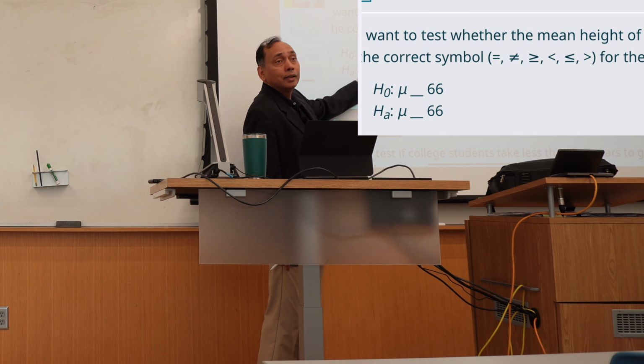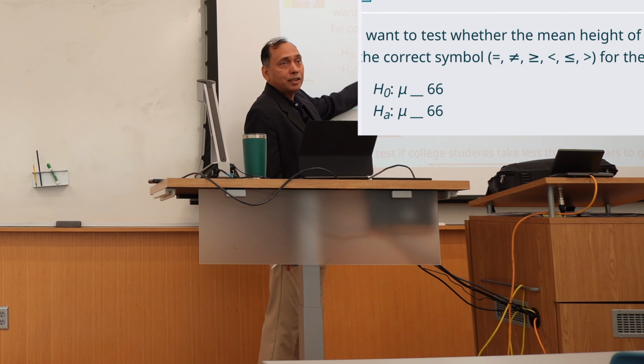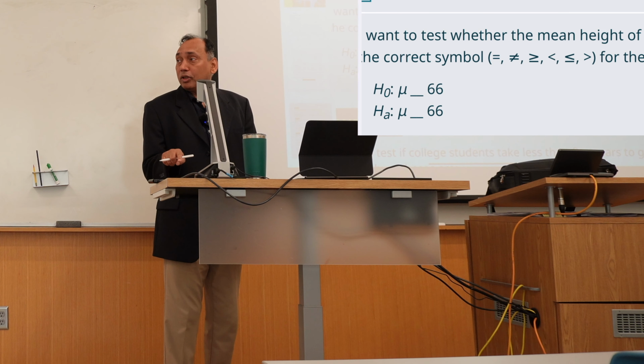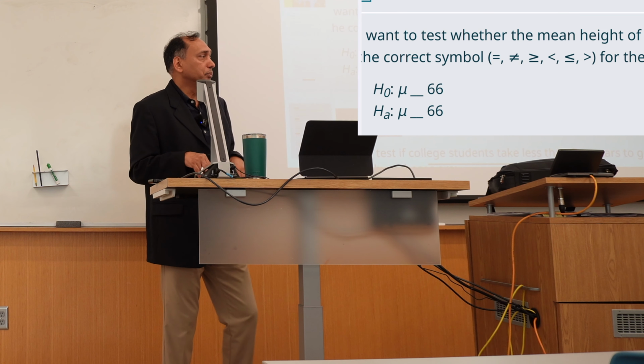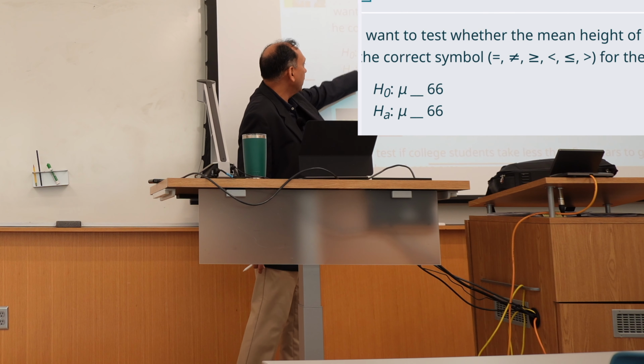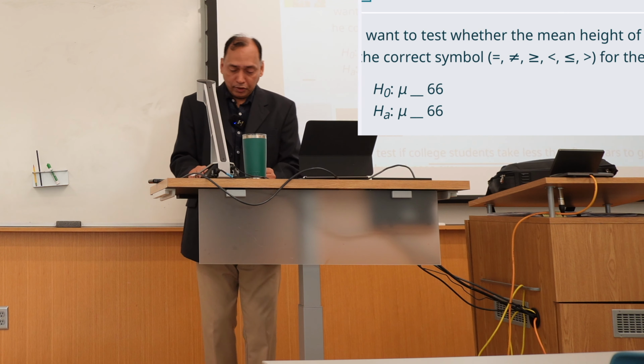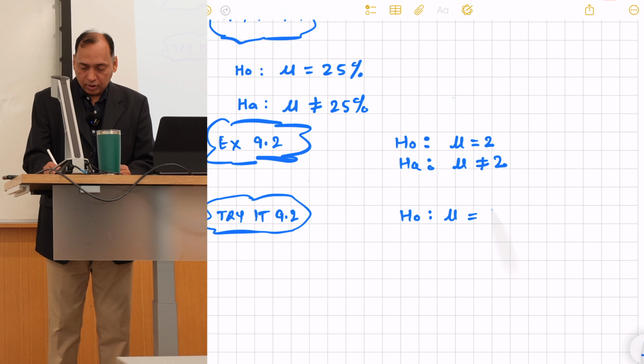Mu is equal to 66 or not equal to 66? Equal, because null hypothesis always includes equal sign. So this will be equal, and by default the other one is opposite of that. HO: mu equals 66. HA: mu is not 66.